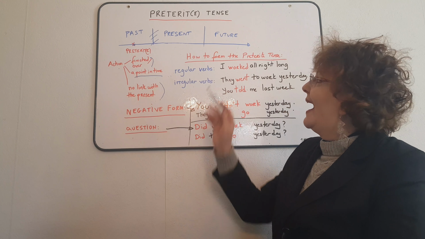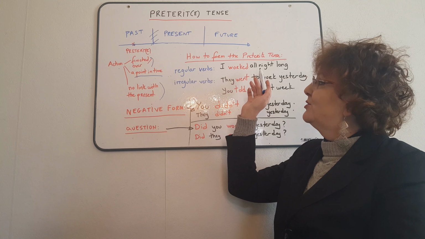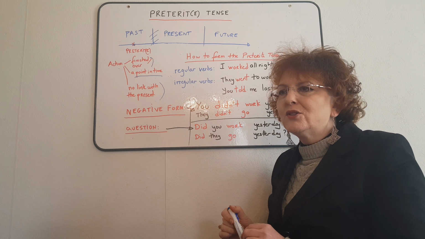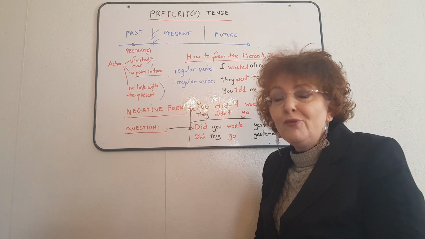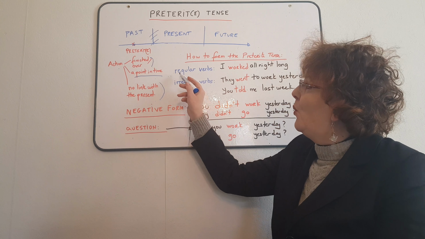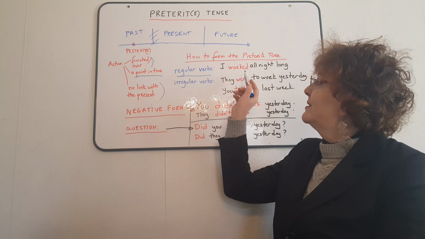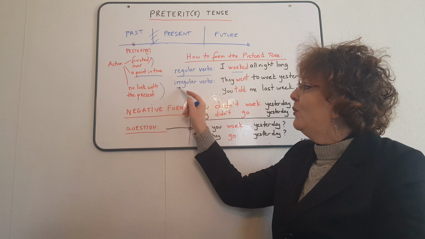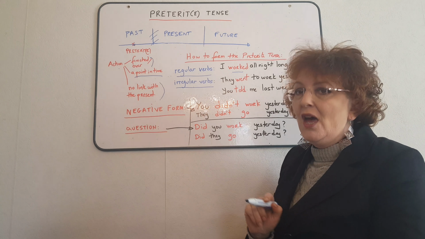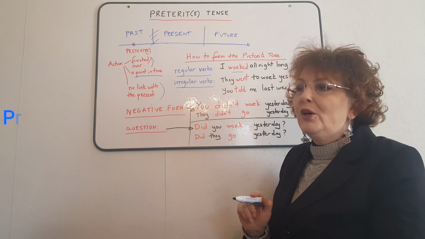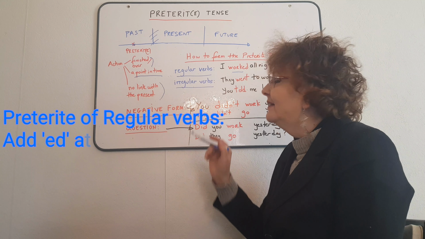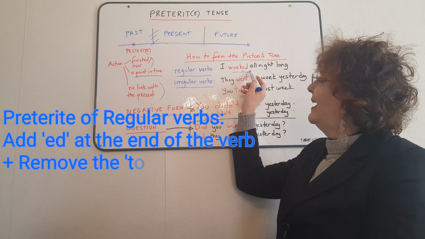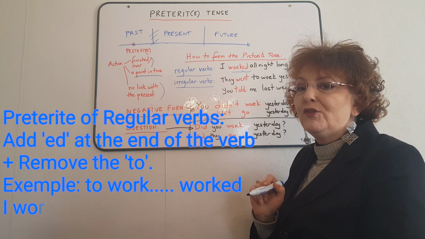Now, how do we form the preterite tense? There are two cases here. Some verbs in English are regular verbs, such as the verb to work, and some verbs are irregular verbs. For regular verbs, we'll add E and D at the end of the verb.